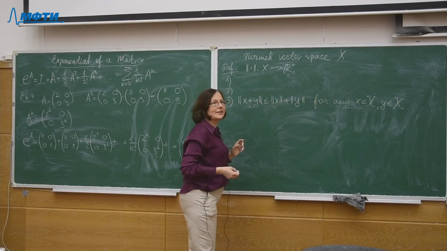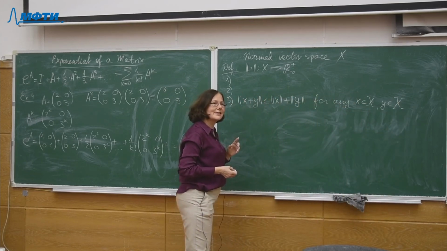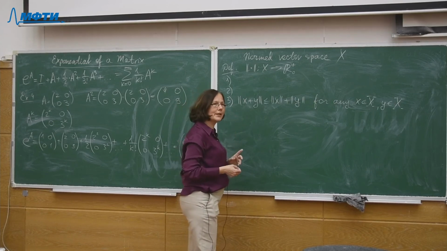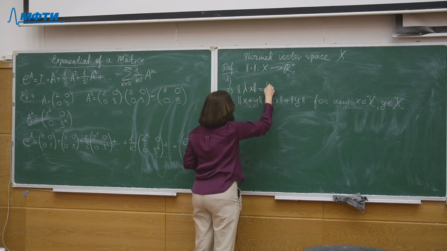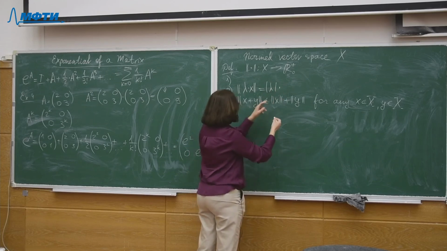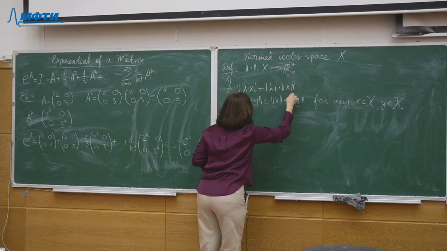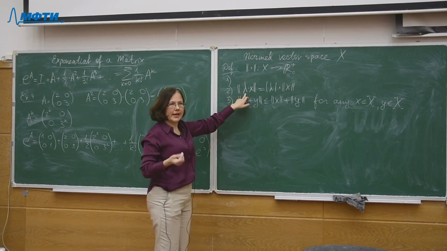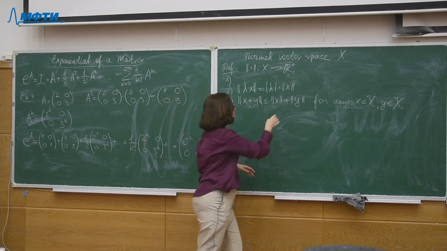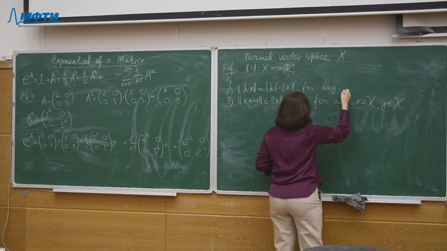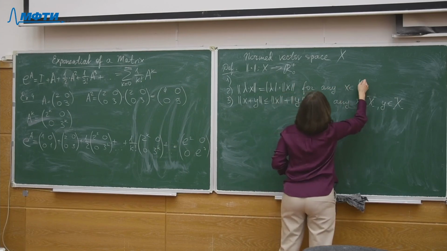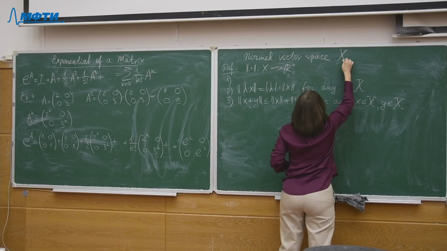What about the first? Right, the scaling property, right? The norm of lambda x is equal to the absolute value of lambda times the norm of x, where lambda is some scalar, for any x in X and scalar lambda.